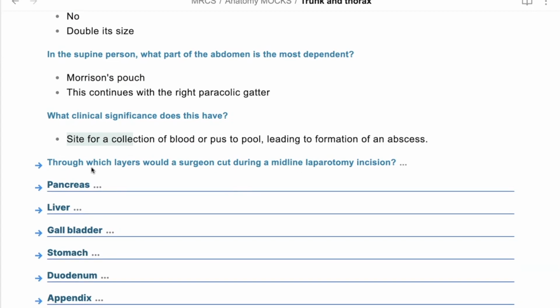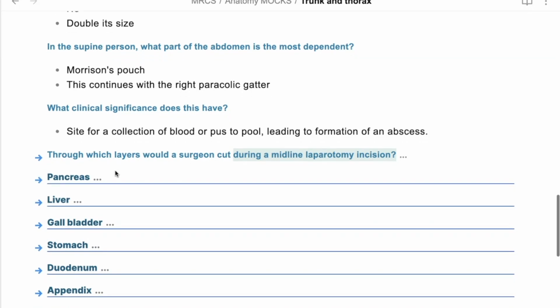Okay. So during a midline laparotomy, can you take me through the layers that we cut? Skin, subcutaneous tissue, linea alba, and rectus abdominis.